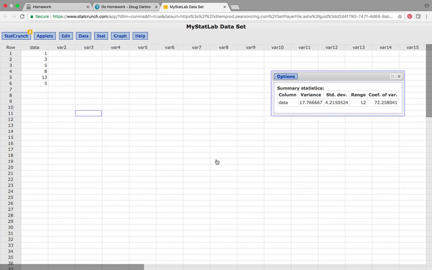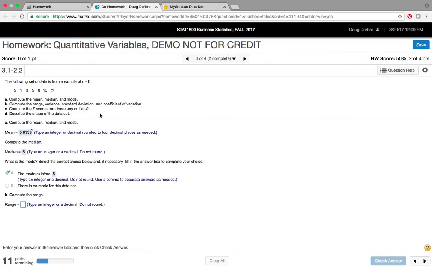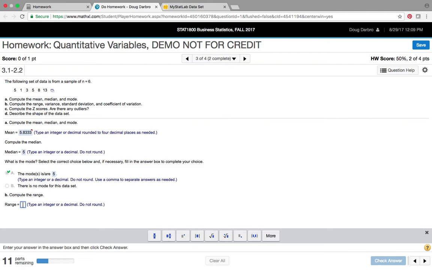All right, so the variance is 17.7667. Don't want to round wrong, right? The standard deviation is 4.2151. The coefficient of variation is 72.2580, and the range is 12. All right, so the range is 12.